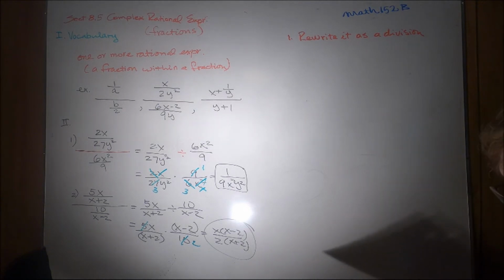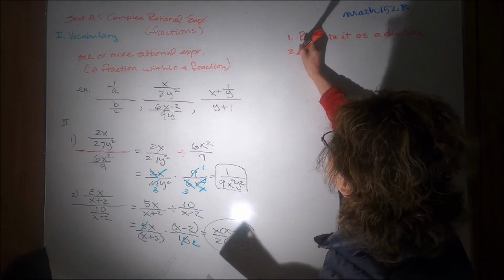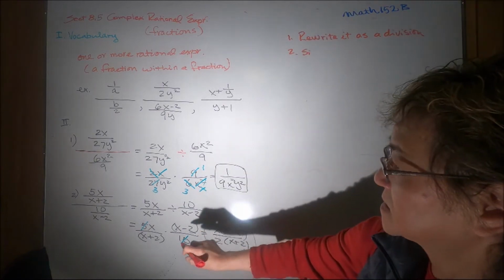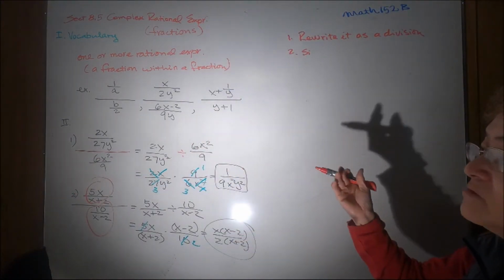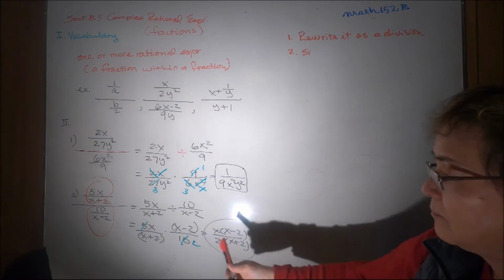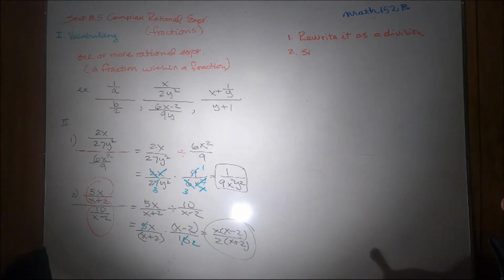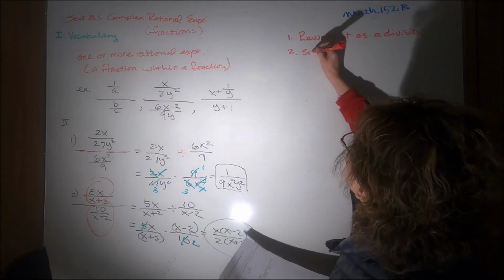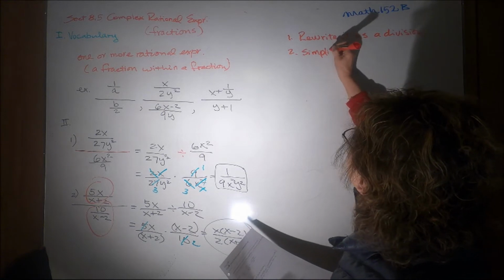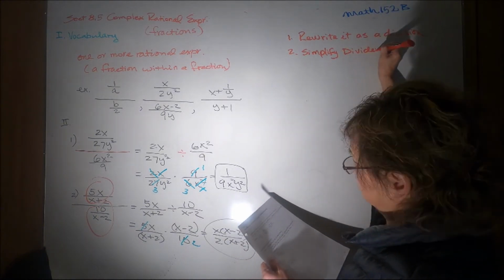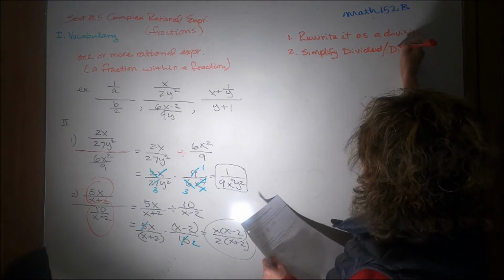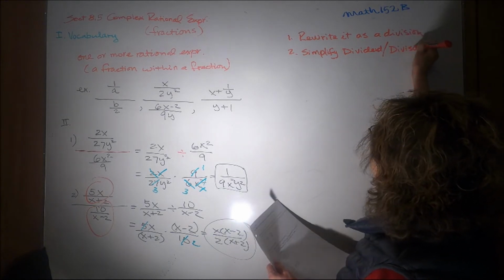Then we will do this as well. You want to make the top numerator and the denominator as simple as possible before you divide them, right? So you will simplify what? The dividend or the divisor.